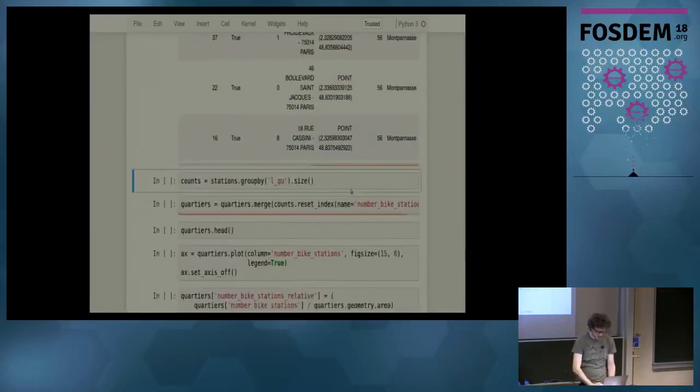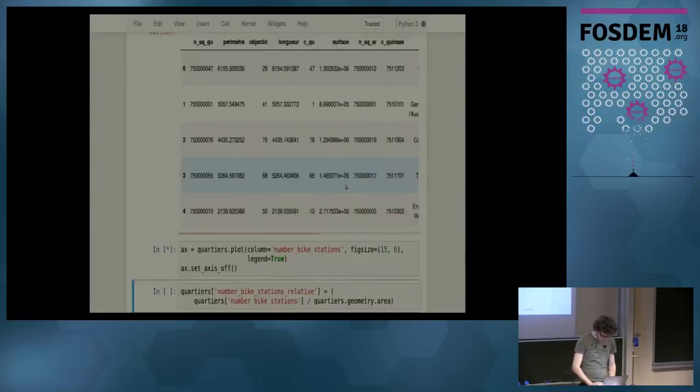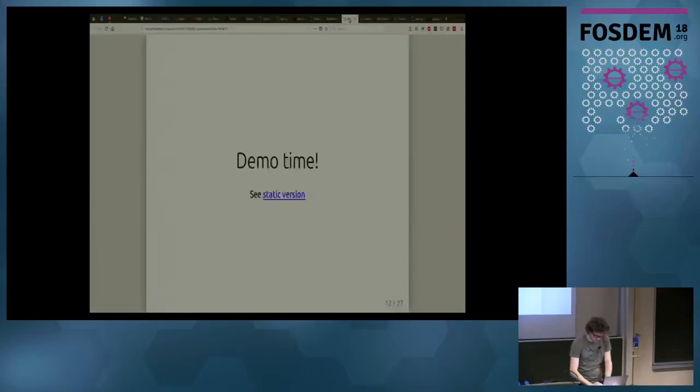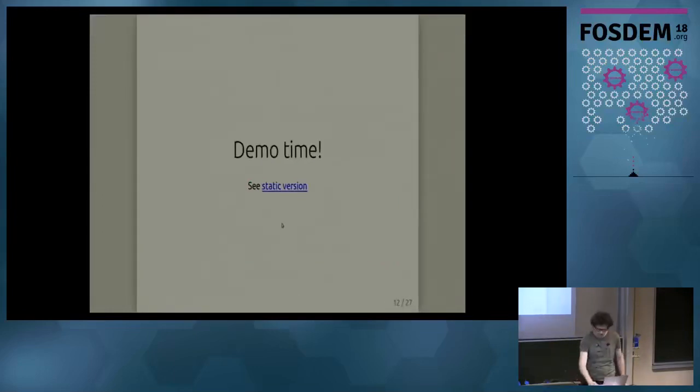And then, for example, I can group by based on this name and count the number of stations in each district. Yeah, I'm not going to go into too much detail here, but then I can plot the number of stations of each district. Okay, so that was a very short demo of what GeoPandas looks like.